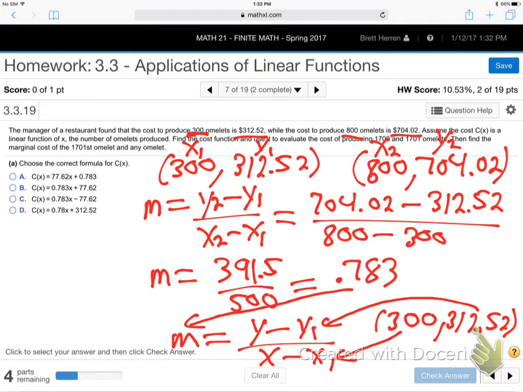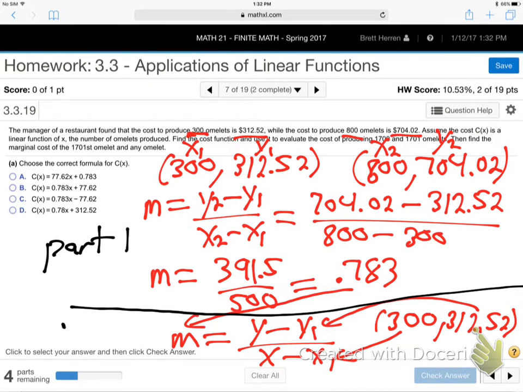You guys tracking with me? So part 1 is you get the slope, and part 2 is you use the slope formula again. I've got to finish it up, but I'll let you copy that down.